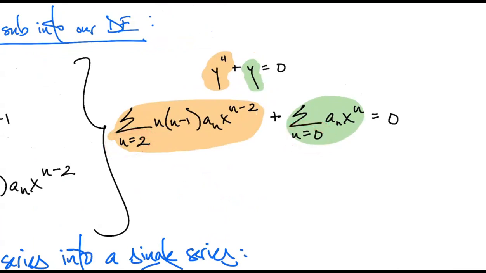And right now they're different. I have a 2 and I have a 0. So I need to fix that. That is one thing I need to fix. The other thing I need to fix is I need to make x to the n and this one, I want those to be the same. I want them to both be x to the power of n.